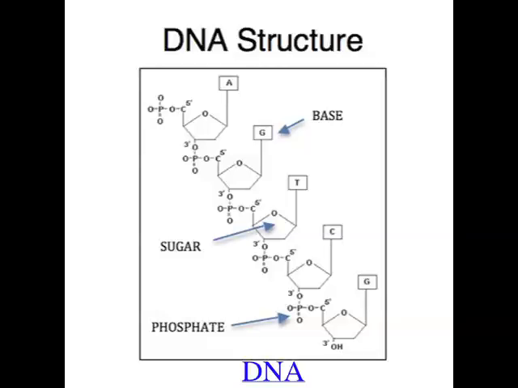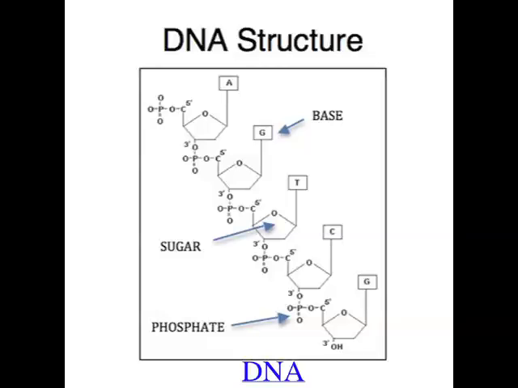But while the sugar, the deoxyribose, and the phosphate parts are the same in every single nucleotide in a big stretch of DNA, there are four possible different nitrogen-containing bases. So these four different bases are called adenine, thymine, cytosine, and guanine. So you've in fact got four different possible nucleotides.